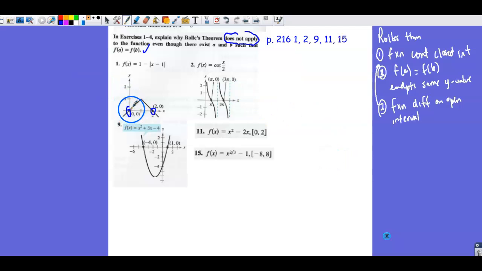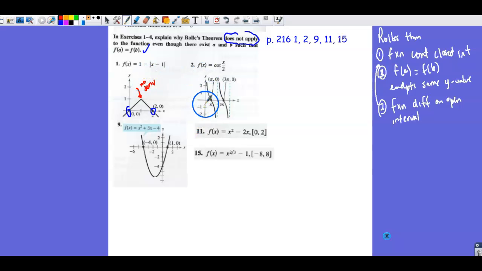When I look at the graph, I can see that the function is continuous. There are no breaks, gaps, or holes. But with my calculus eyes, I see a sharp turn right here. And I know that there's no derivative at a sharp turn because the left derivative does not equal the right derivative.